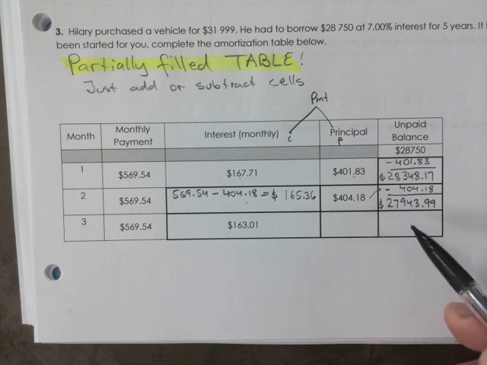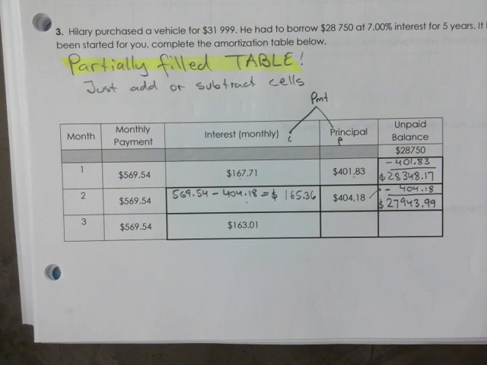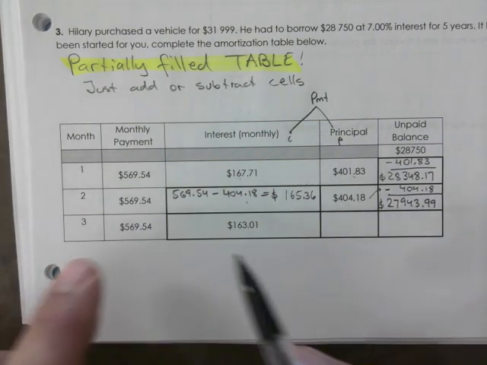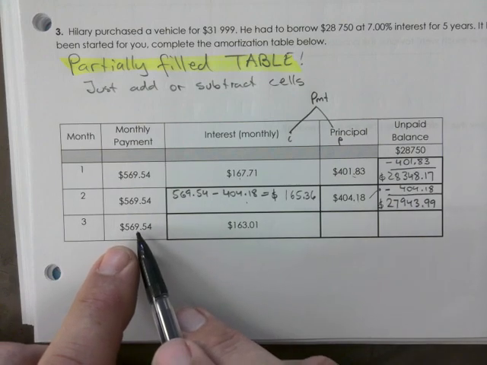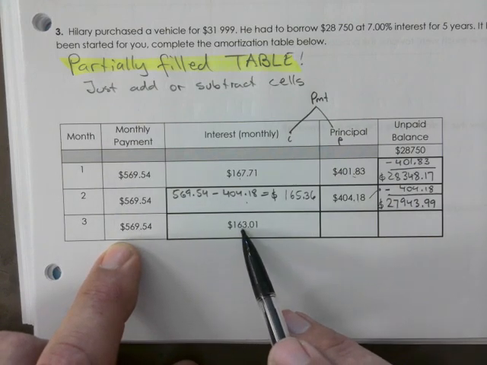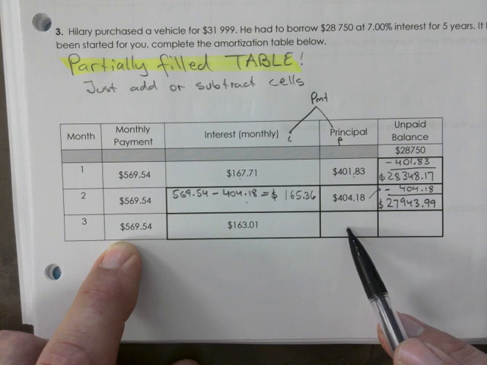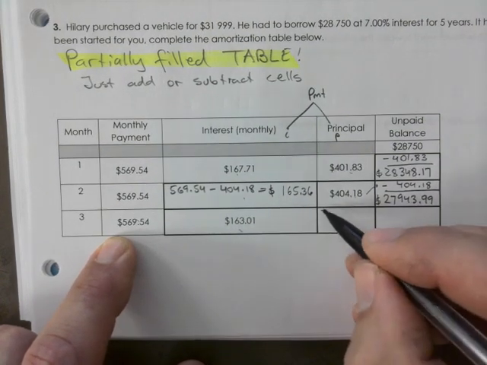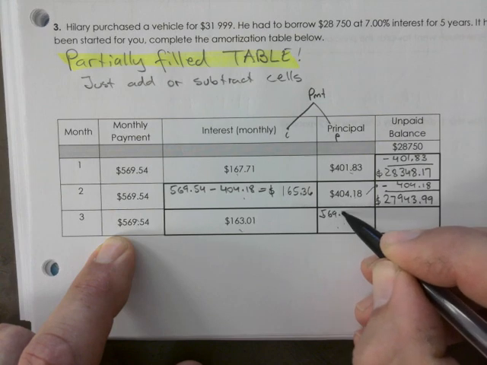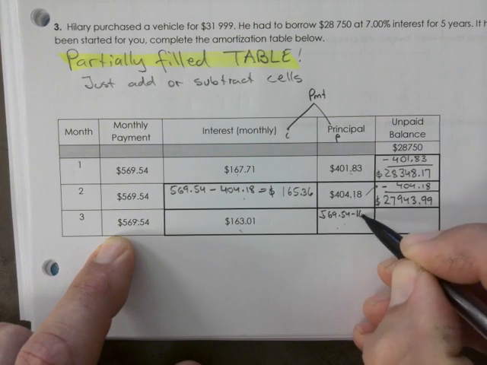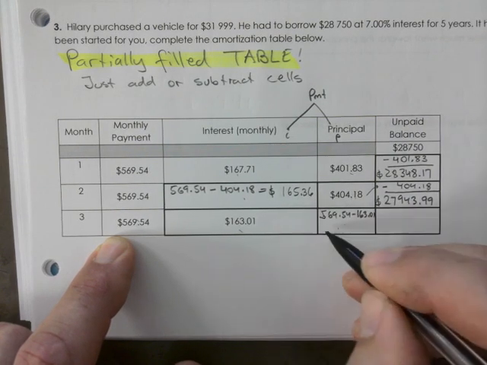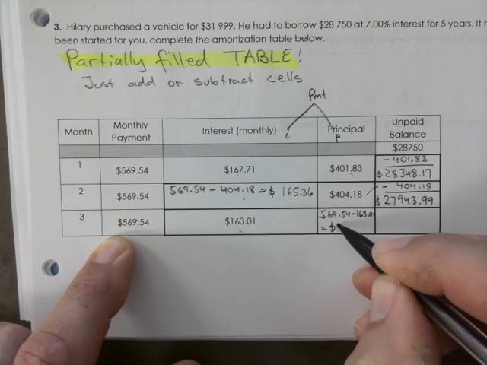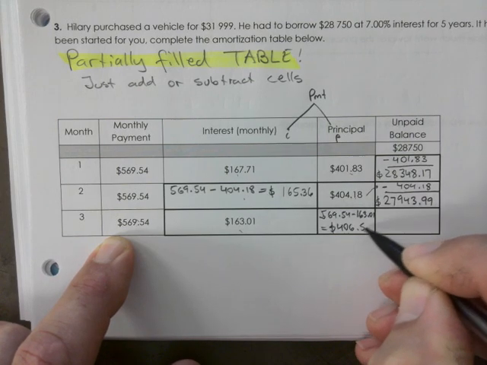And this is the trickiest one of them all. Oh, actually, no, this one isn't bad at all. Here, this is kind of what we're used to. Payment is there, interest is there. Find the principal, right? You just go this minus that to get this. So you go 569.54 minus 163.01, and that gives you 406.53.